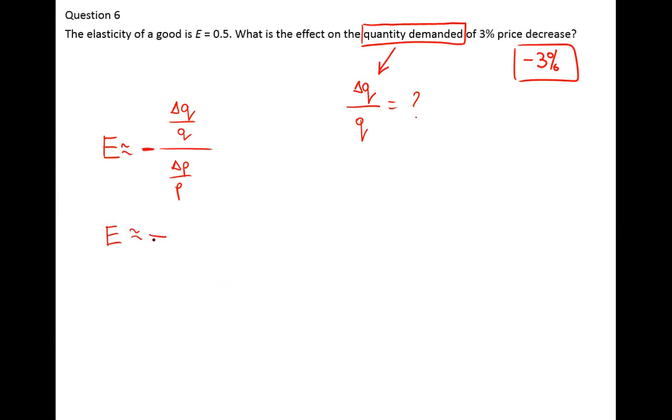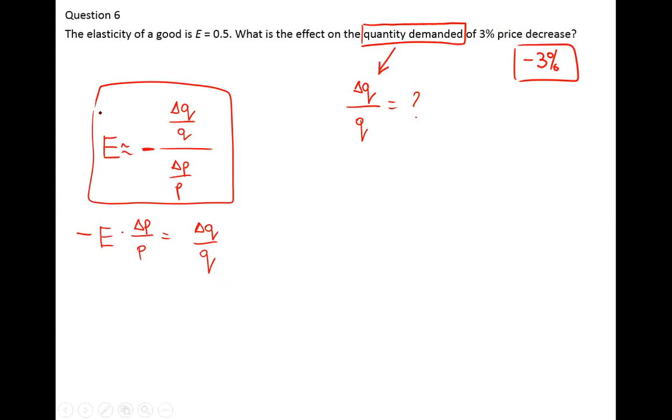Okay, and then I will multiply both sides by negative delta P over P, and delta Q over Q will stay. I'm just using this equation and trying to solve for delta Q over Q. Now I'm just rewriting the sides.